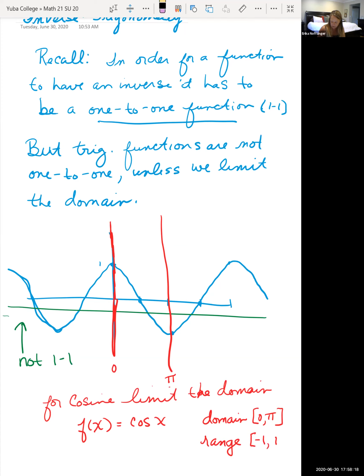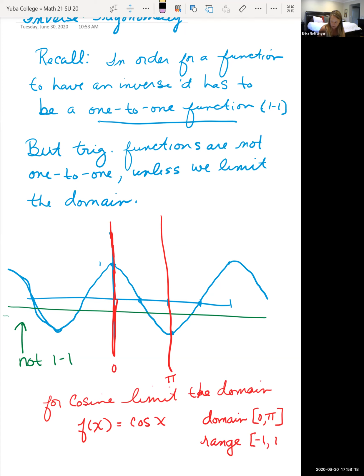Recall to find your inverse function, that's where you swapped your x and your y values. So if we had f of x is equal to cosine of x, this is the same thing as y is cosine of x. Swap x and y and solve for y.